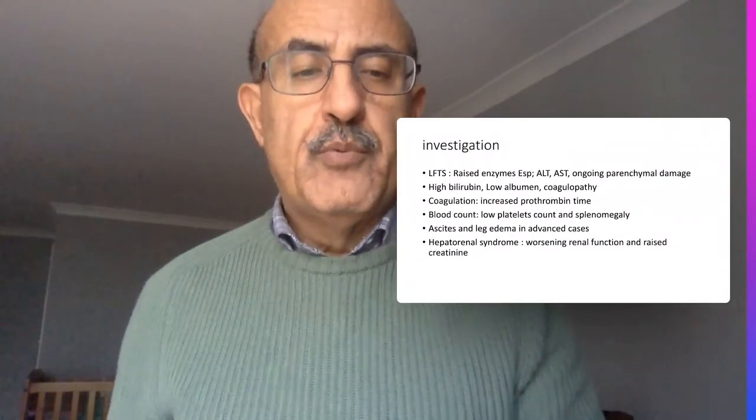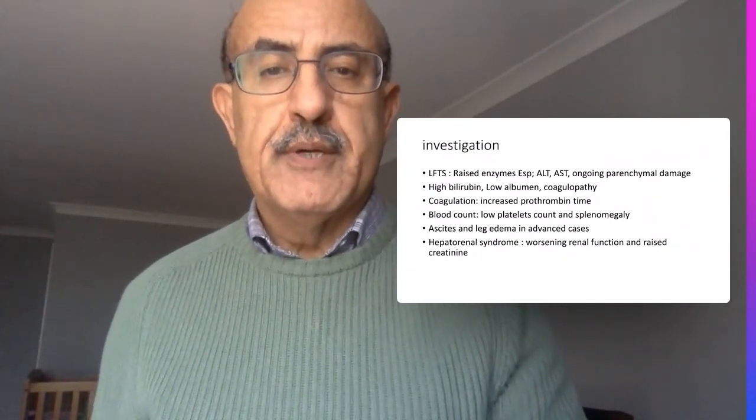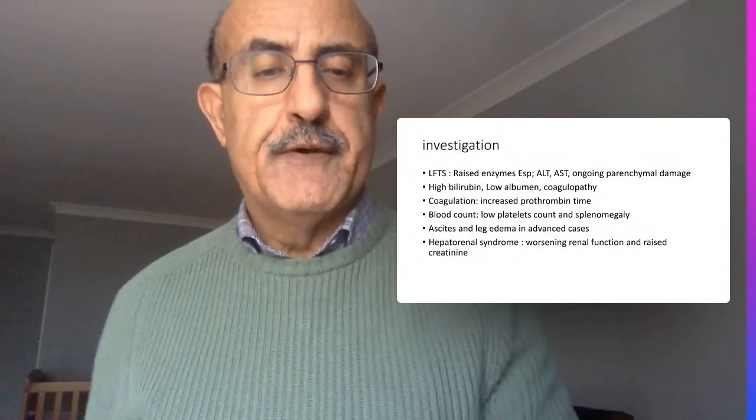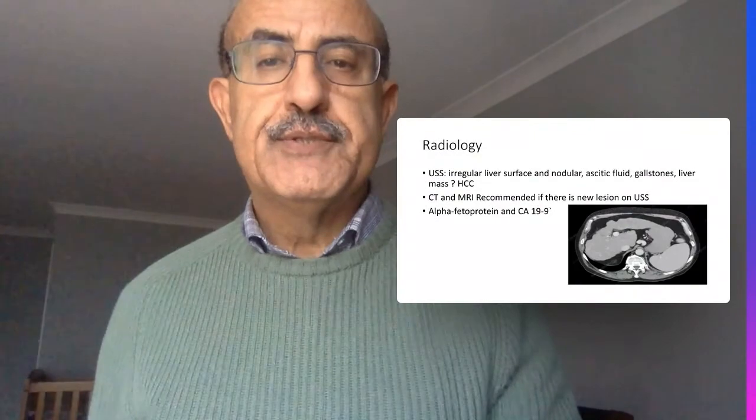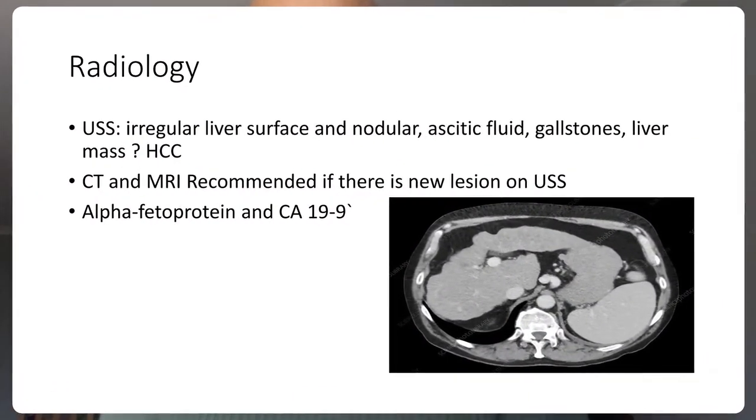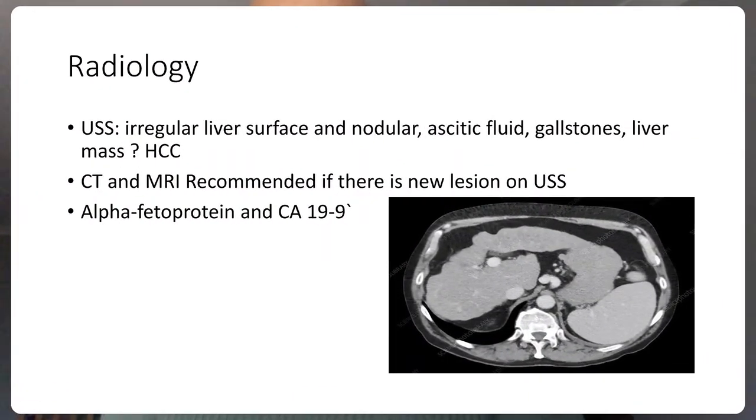Now, from a clinical point of view, that's what we do, and we look at their bloods, and we need to do a couple of things once we've got them in. Usually, everyone will have an ultrasound scan, and the benefit of the ultrasound scan is to look for the contour of the liver, and if there are any suspected hepatocellular carcinoma masses.